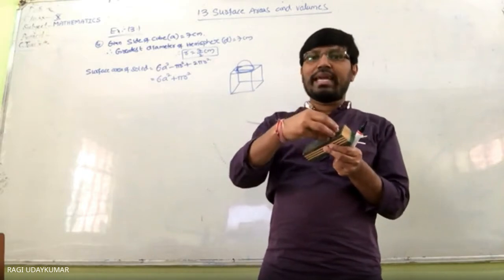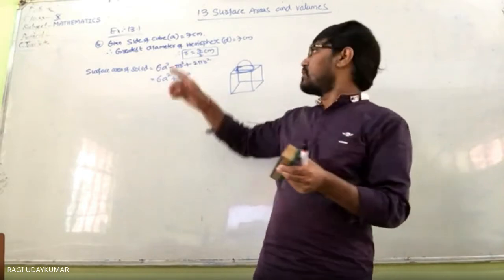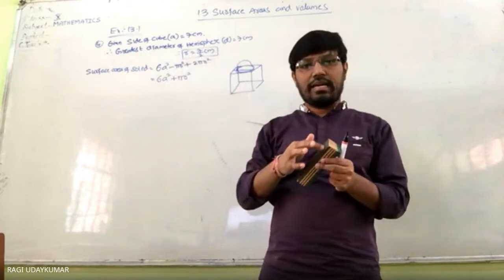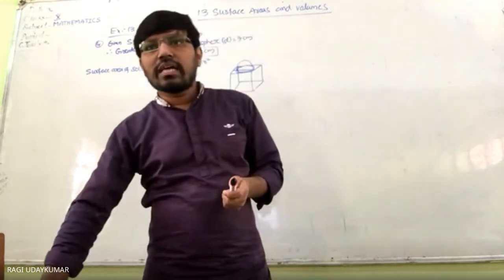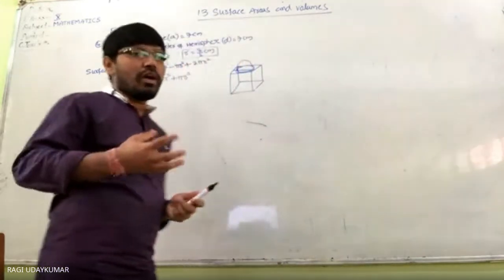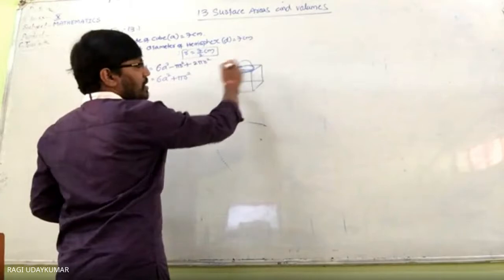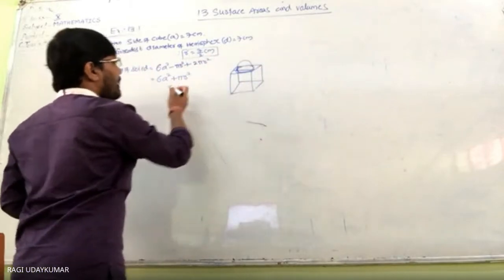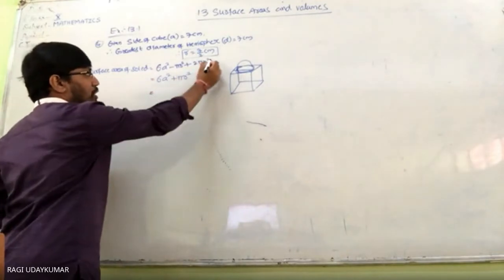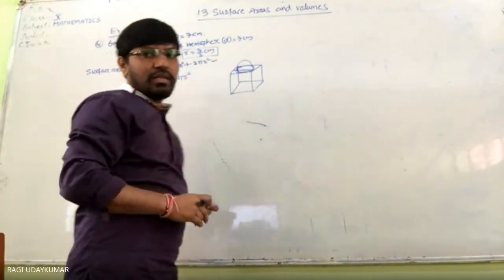So this should not be taken into consideration. That's why we should subtract the circle area. So here the question is given to you. It is surmounted by the hemisphere is nothing but exactly fit हो गया है इसमें. तो ये circle area subtract करना है and this area will be added. So 6a square plus pi r square. Did you understand how do we get this one?